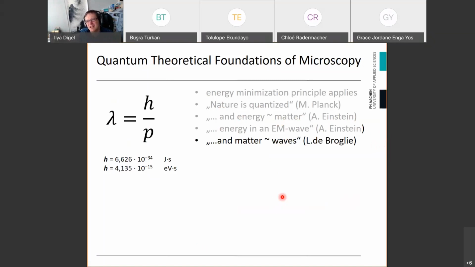And also Einstein illustrated how this relationship can be calculated. But one very fundamental, very influential idea in quantum physics was the fact that every material object in the world is at the same time a wave. And this is what they called material waves or matter waves.